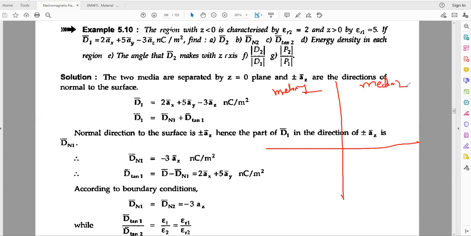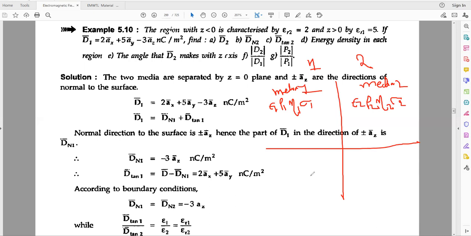In medium 1, everything is epsilon 1, eta 1, sigma 1, rho 1, and here epsilon 2, sigma 2, eta 2, rho 2, and so on. And here the tangential 1 and tangential 2, the normal 1 and the normal 2. Okay.